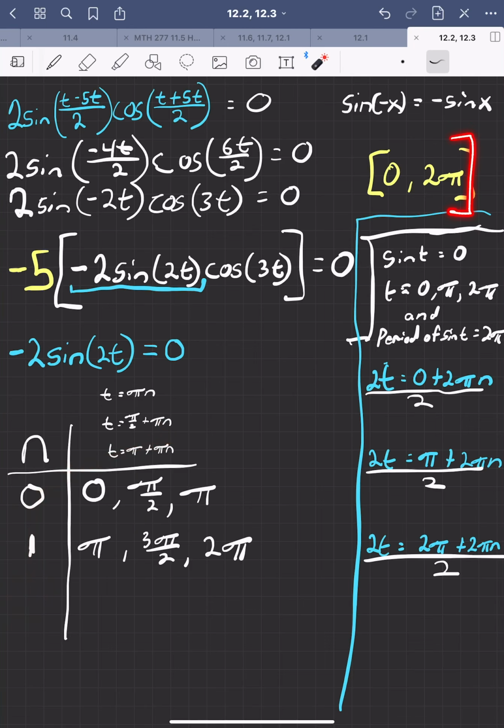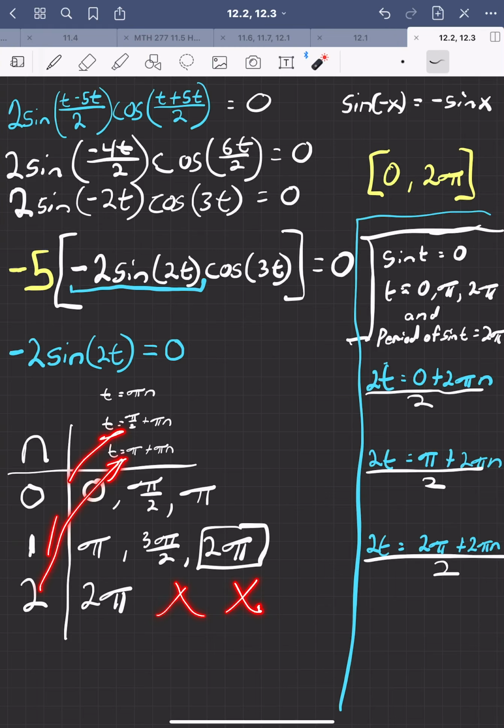It's outside the interval. So if I plug in 2, I get 2 pi. But of course I already had 2 pi, so that's not adding any more information. The rest of these, it's not going to work plugging 2 in for the other two functions. So at that stage, I know I'm done.